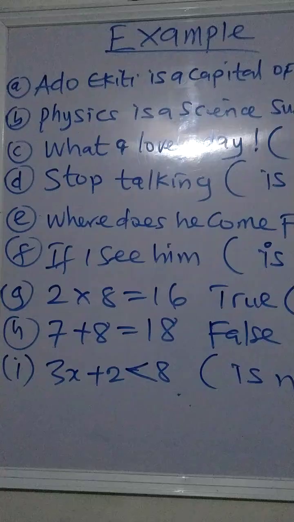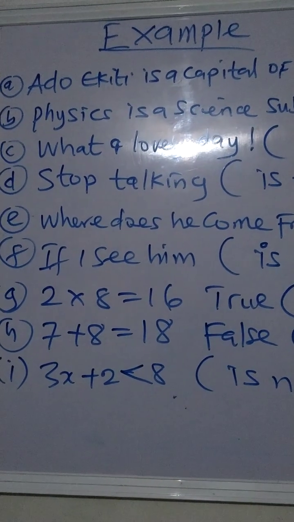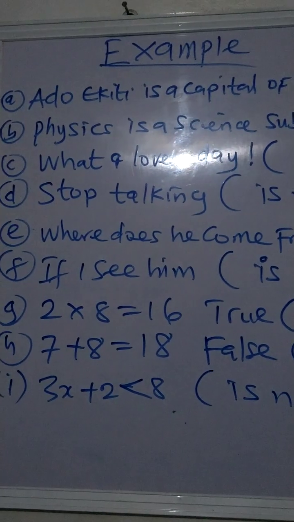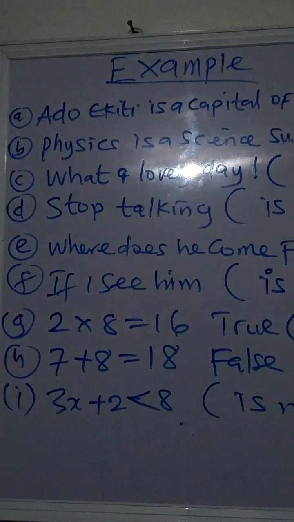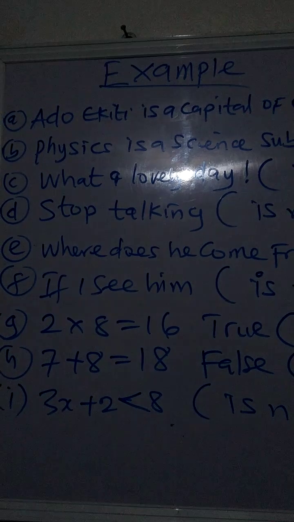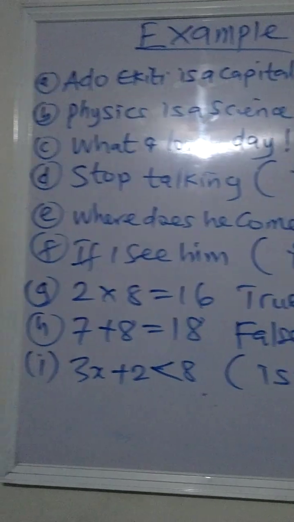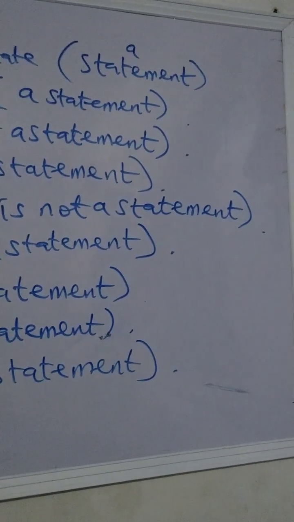A command is not a statement. A question is not a statement. And if you have a known fact, it is a statement. Some facts that cannot be established are not a statement. Please follow me. Thank you.